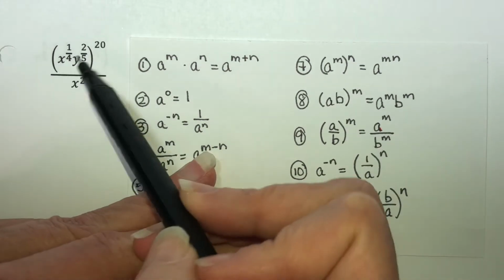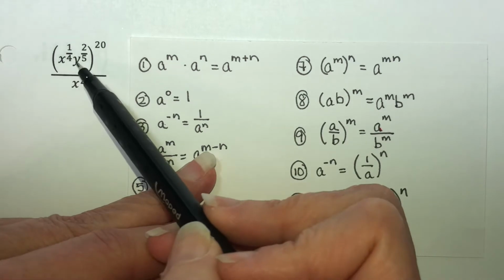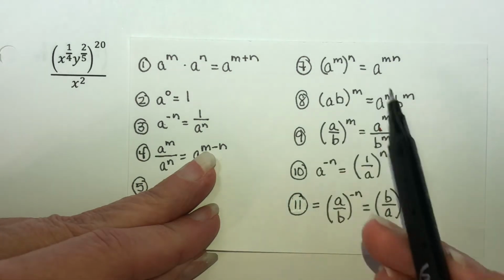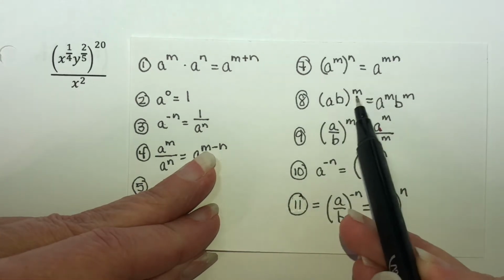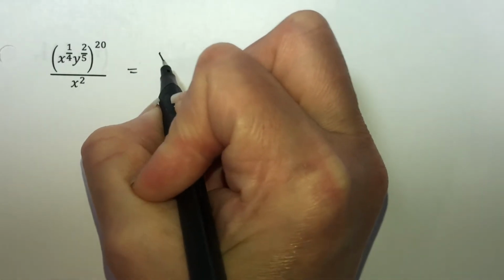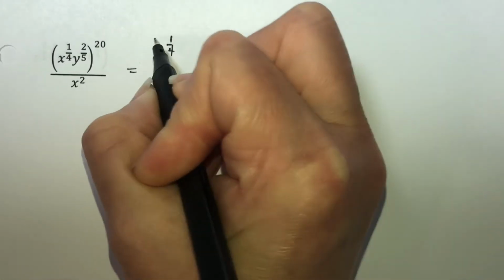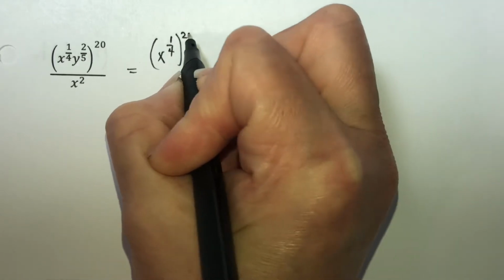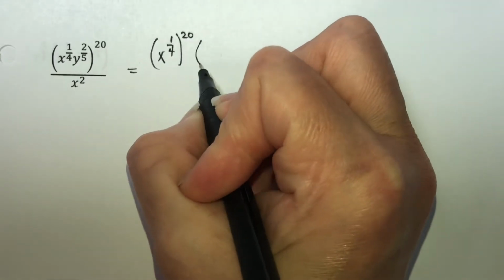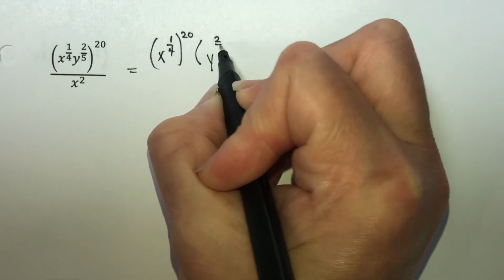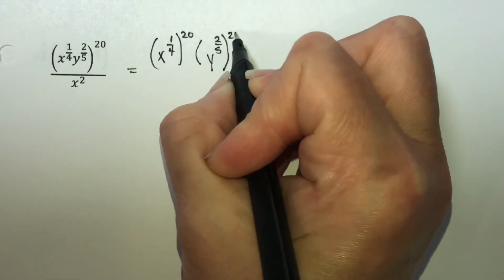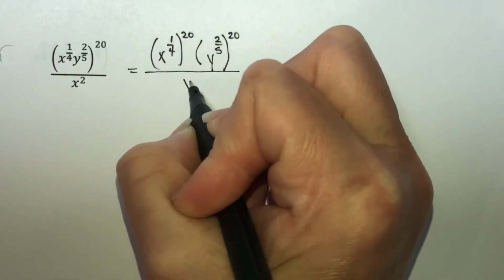And since it's multiplication, I can use this. Remember, addition, subtraction doesn't work. I get to take this exponent and apply it to each one. So this is the same thing as x to the 1/4 times y to the 2/5, each to the 20th power, and this is over x squared.